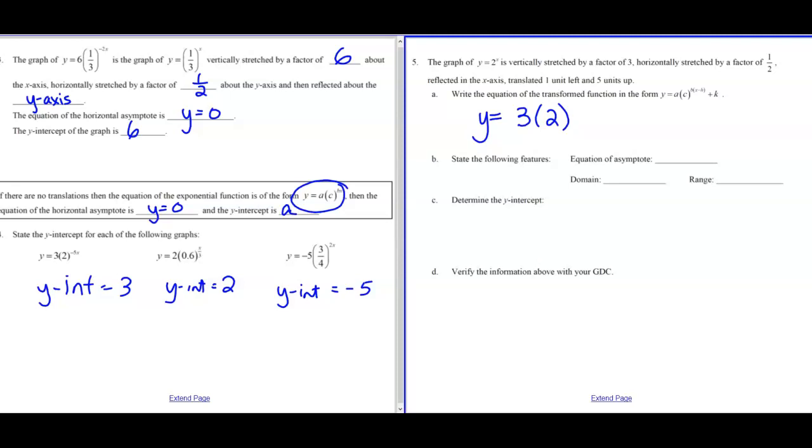Horizontally stretched by a factor of a half makes that B value positive 2. Reflected in the x-axis changes the sign of y, so that's going to be negative 3 there. Translated 1 left, so bracket x plus 1 and 5 up. Plus 5 after that whole power.